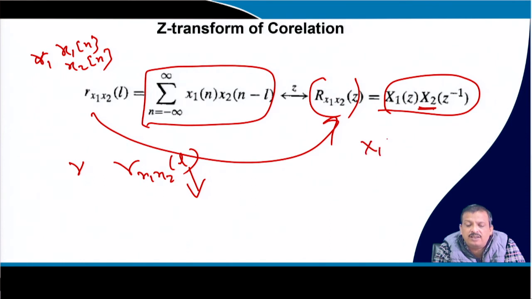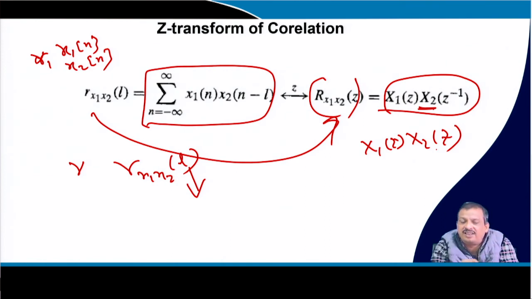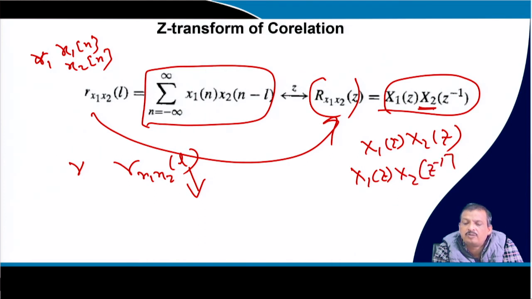Since I have not folded the signal, here it will be X1(z) multiplied by X2(z to the power minus 1). Understand? So, that way I can calculate the z transform of correlation in the z domain also.